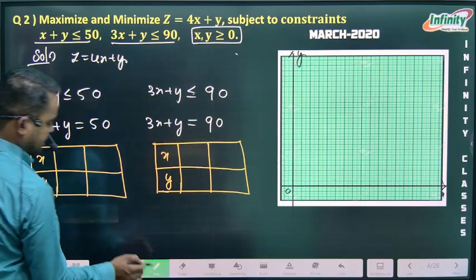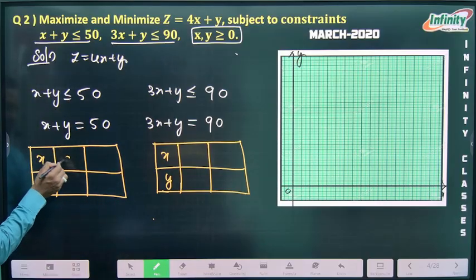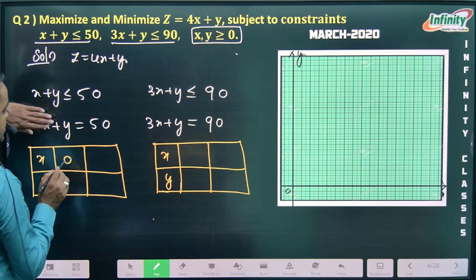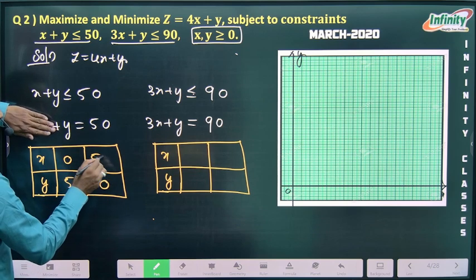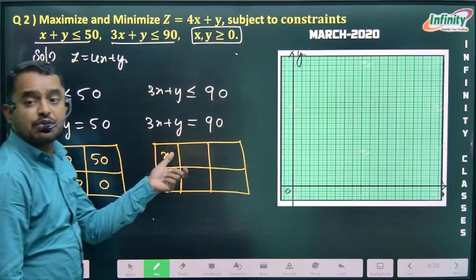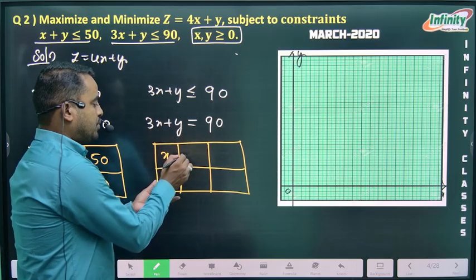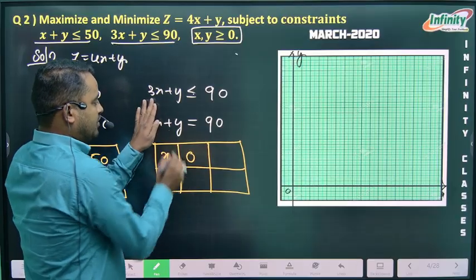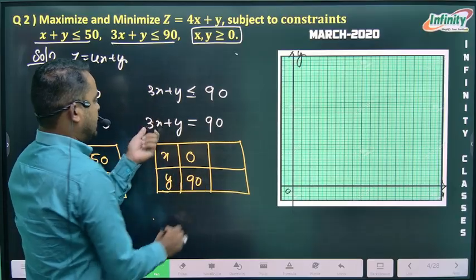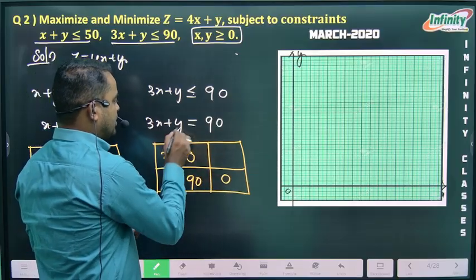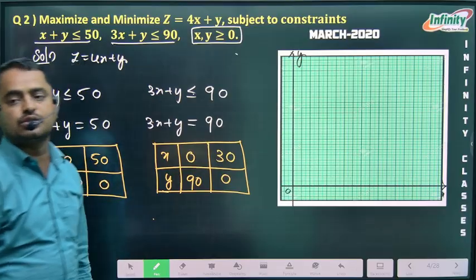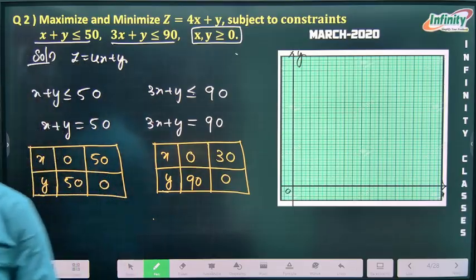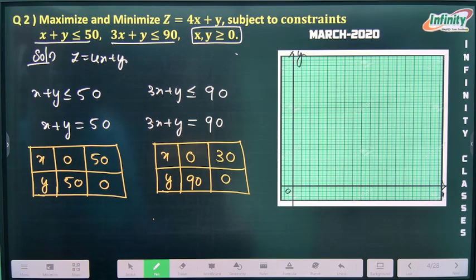So here for this line, if I put x is 0, y is equal to 50. If I put y is 0, x is 50. And coming to the second constraint, if I put x is 0 here, y is equal to 90. If I put y is 0, 3x is equal to 90, so x will become 30. So plot these points on the graph.